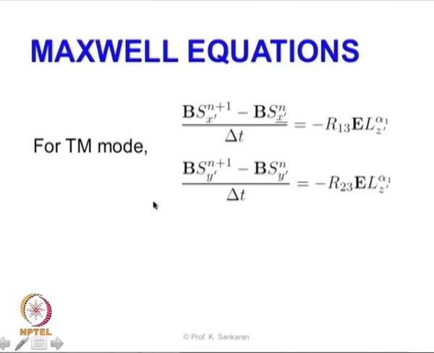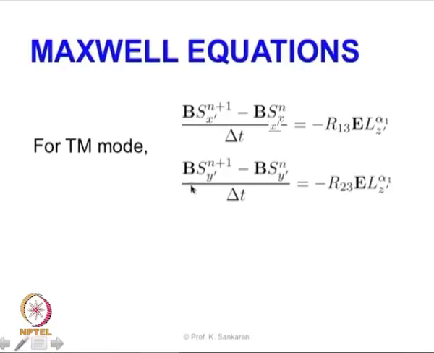So let us look at the TM mode. What we will have is the time stepping where Bs n plus 1 x prime minus Bs n x prime, divided by delta t, is equal to minus R13 E L alpha 1 z prime.